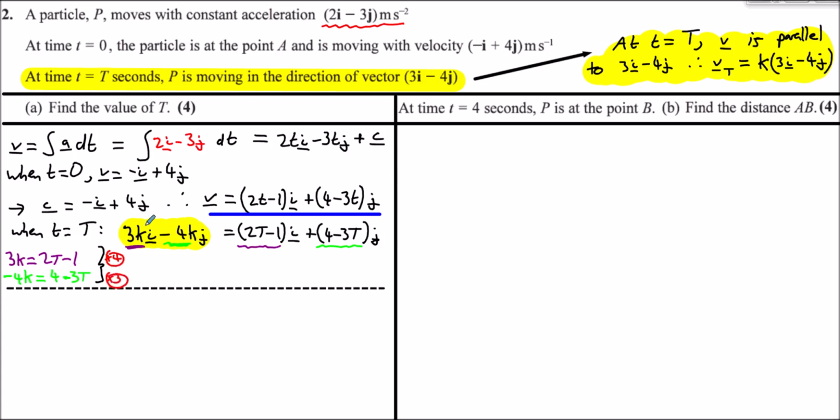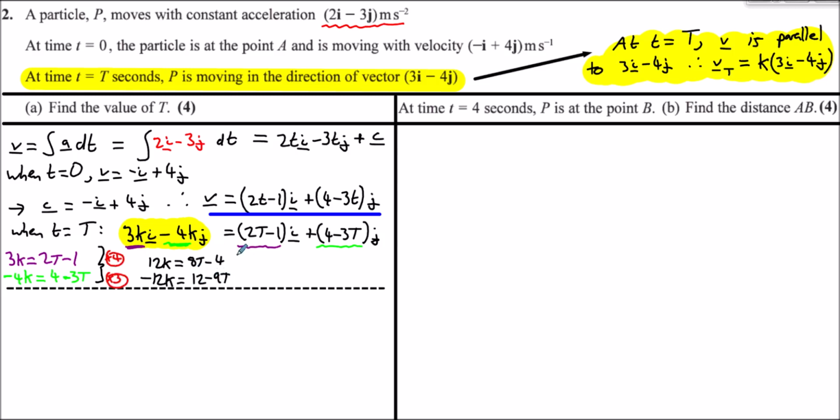This would then give me 12k equals 8t minus 4, and at the bottom, minus 12k equals, times this by 3 now, so I get 12 minus 9t.